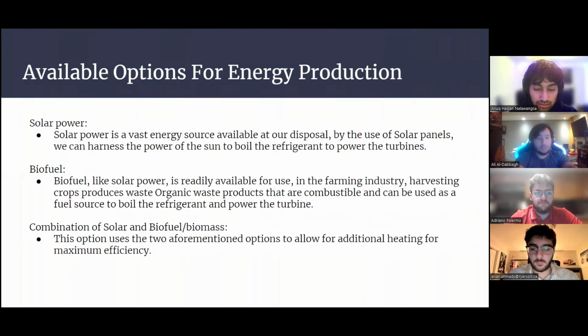The other renewable source is biofuel. It's using the organic waste produced by farming and feeding it to a combustion chamber to convert it to electricity that also powers the boiler and turbine. We identified that if we combine solar power and biofuel, it's going to add additional heating for maximum efficiency.